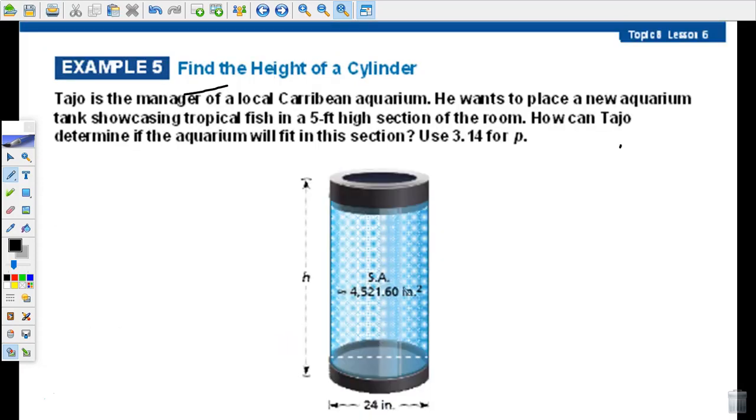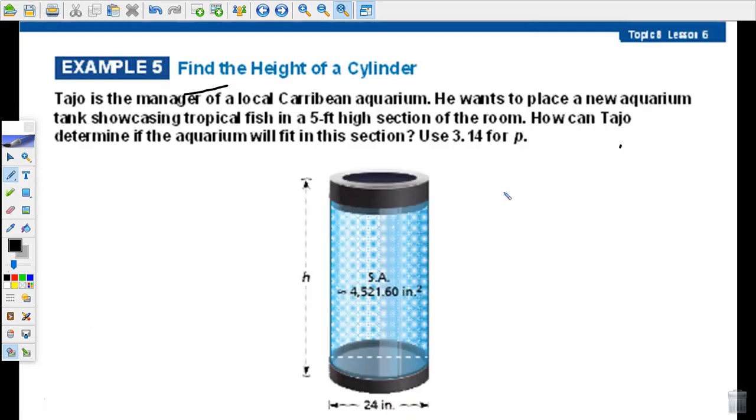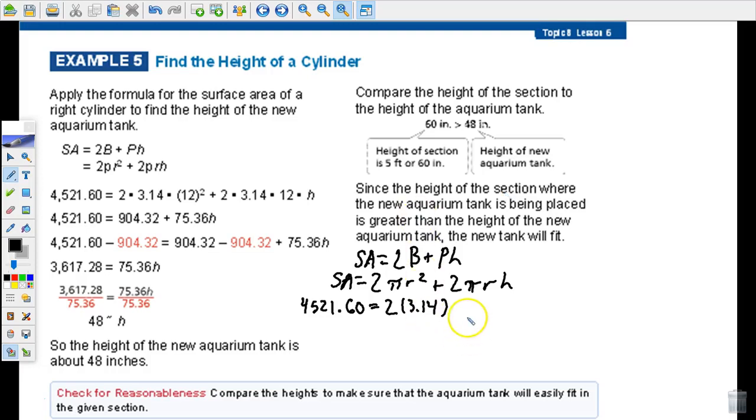Our surface area is 4,521.60. We have 3.14, and then the diameter is 24, so our radius would be half that, which is 12, squared, plus 2 times 3.14 times the radius, which is 12, and then times height. We don't know what height is, okay? So since there's an h here, we can't do anything.